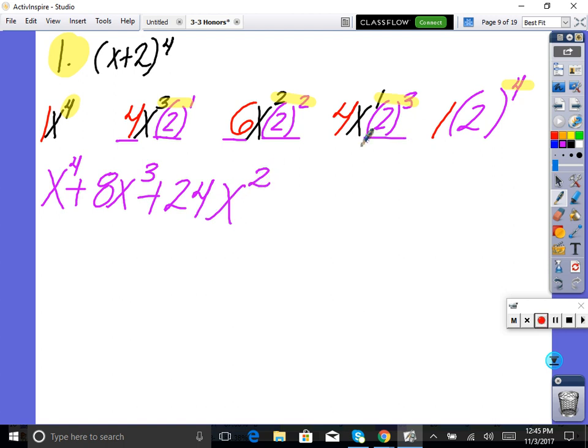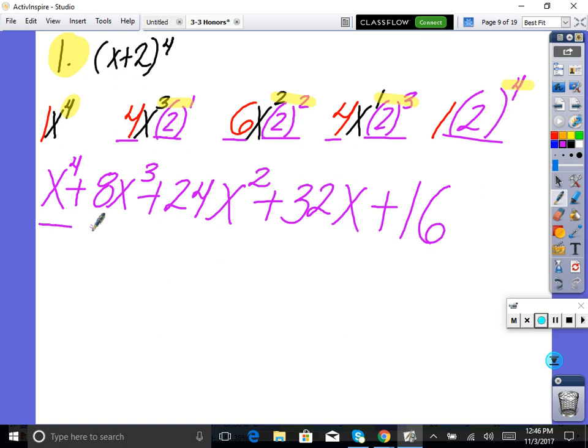And then we have 8 times 4, plus 32x. And then 2 to the 4th is 16. And look, we just expanded that binomial. Way quick. Now look how cool this is, because if we were to do this by hand, our last step is to put it in standard form. It's already in standard form, good to go.